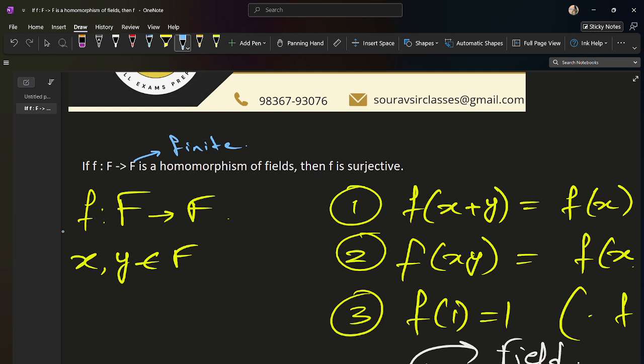Another thing we can say is that if it is algebraically closed, like the complex numbers, then it will also be surjective. But as they have not told us anything, this statement is false here.